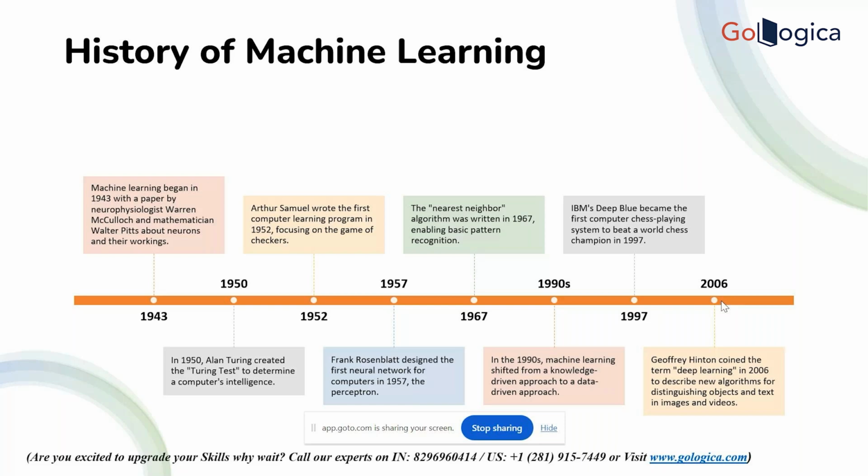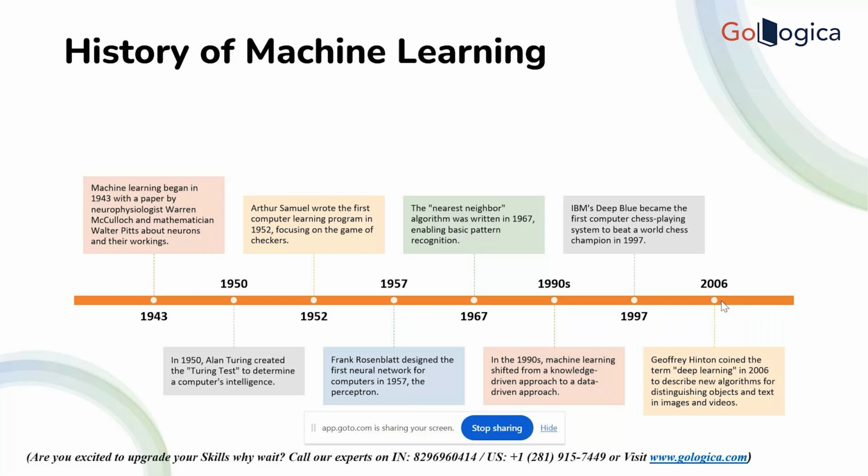In 1950, Alan Turing created the Turing test to determine if a computer has real intelligence. To pass the test, a computer must be able to fool a human into believing it is also a human. In 1952, Arthur Samuel wrote the first learning computer program. The program was the game of checkers, and the IBM computer improved at the game the more it played, studying which moves made up winning strategies and incorporating those moves into its program.